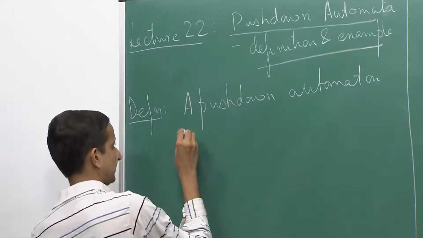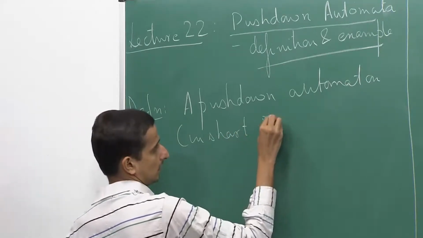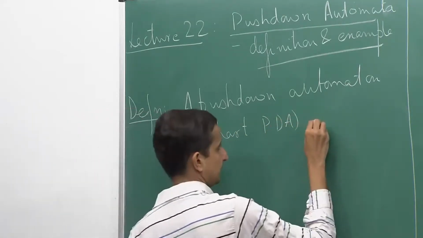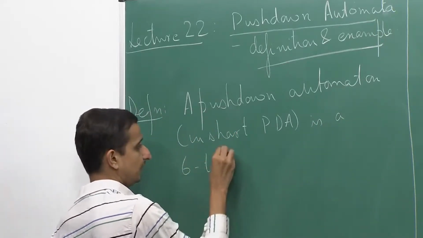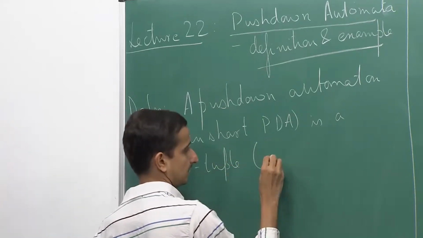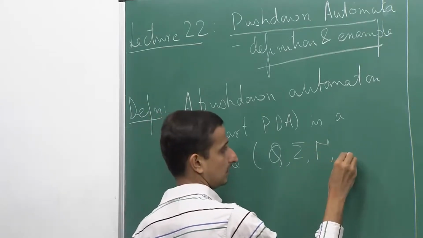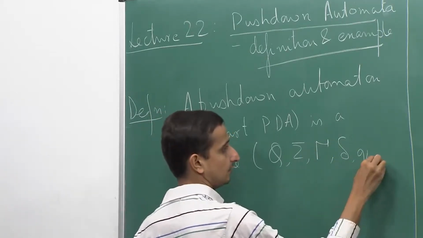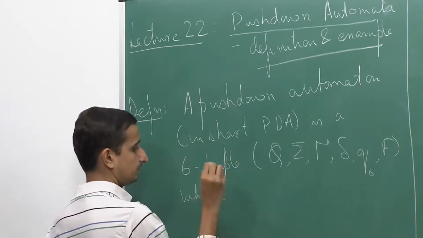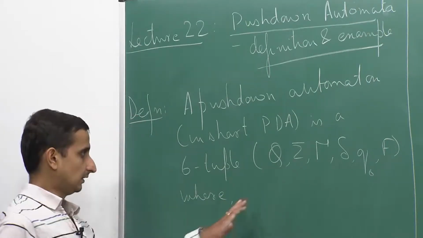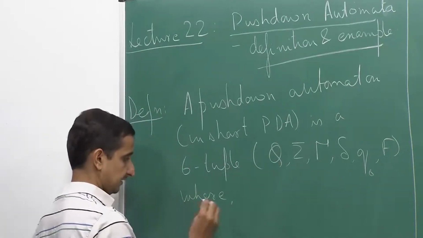A push down automaton, in short PDA, is a 6 tuple Q, sigma, gamma, delta, Q naught, F, where essentially the symbols represent the usual things except for gamma, which is the stack alphabet.